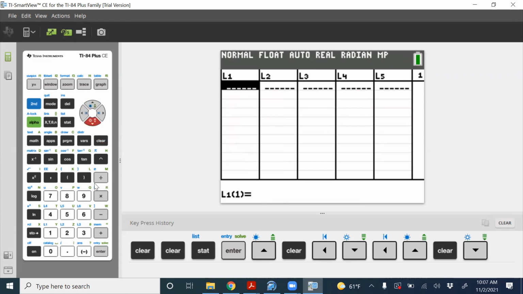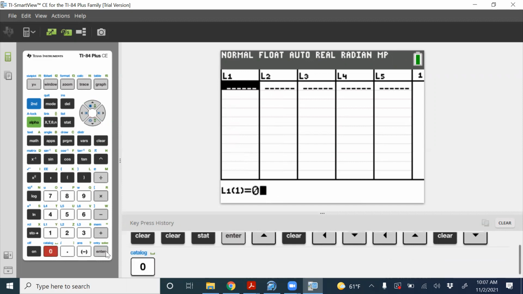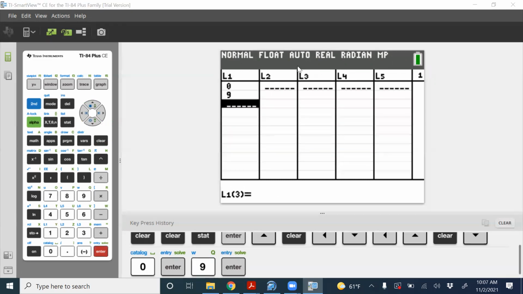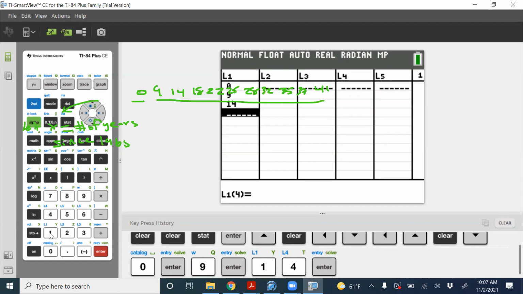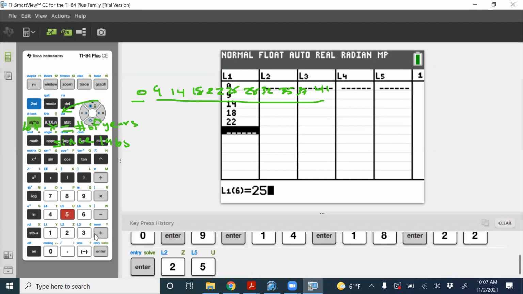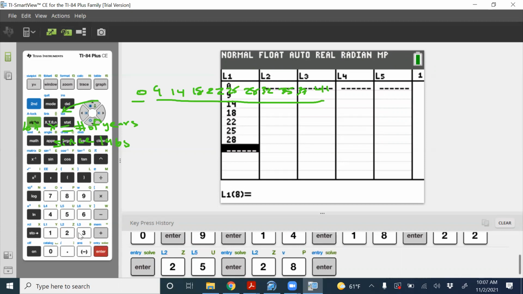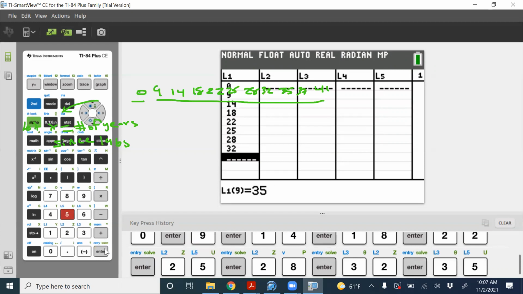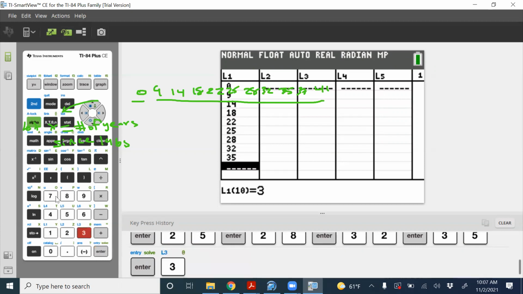Okay, so I'm going to type in 0. And then remember I said 9, actually, that might make it easier. 14, 18, 22, 25, 28, 32, 35, 37, and 41.